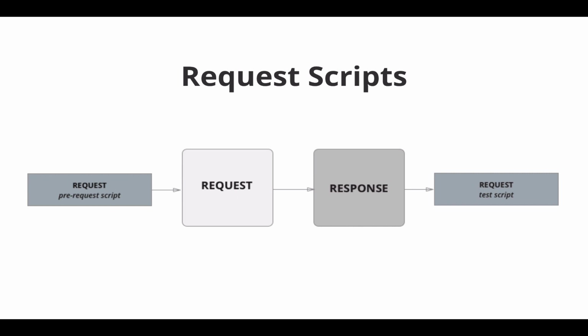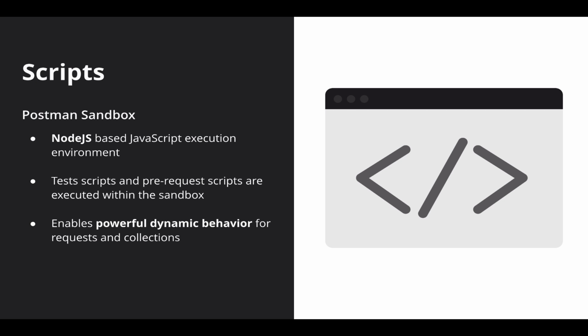Now, along with test script and pre-request script, they form Postman's scripting capabilities. So pre-request script is run before the request is sent out, and the test script is run after the response comes back. Now, all this scripting capability is powered by what we call the Postman Sandbox.